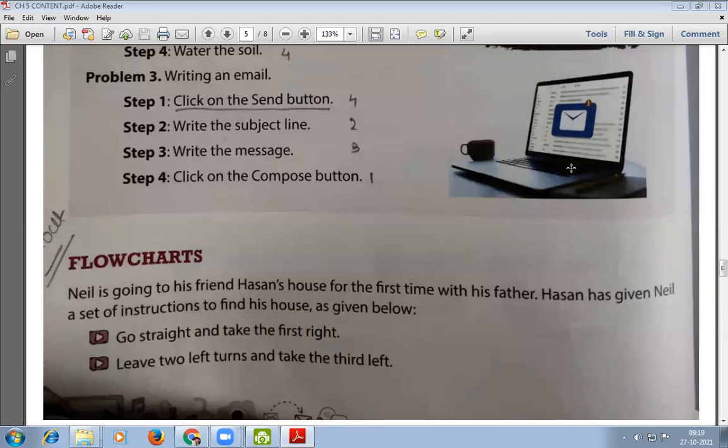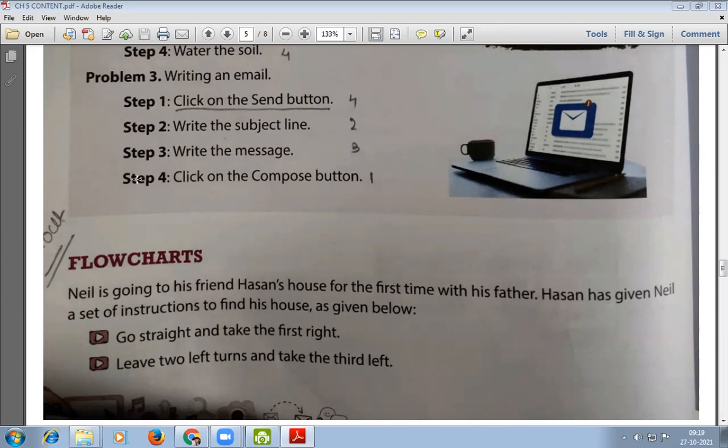Today, we are going to start from page number 60 of your chapter number 5, that is Introduction to Coding. Before that, I will tell you that we have already learned about coding, algorithms, how to write algorithms, debugging, and related things.